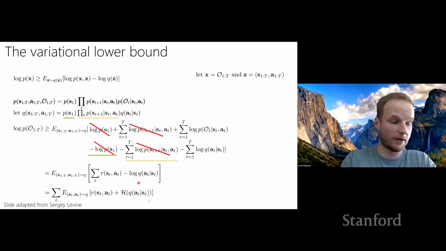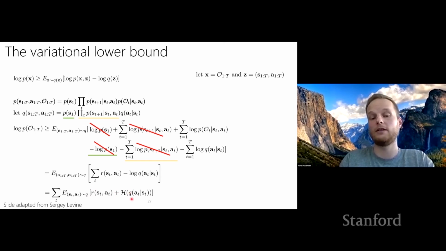So what is that lower bound here? That lower bound says that we'll be summing over time steps, under the expectation of our current Q, all the rewards that we're getting at every time step, plus the entropy of the policy Q of AT given ST. Right?